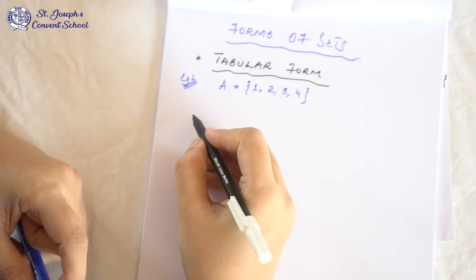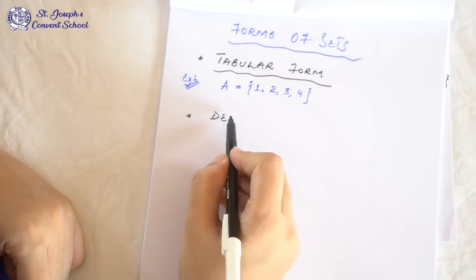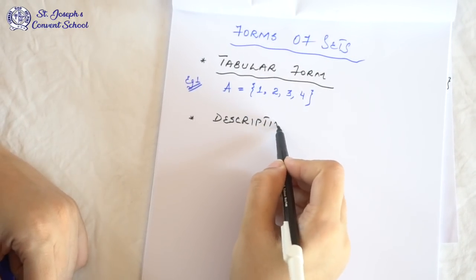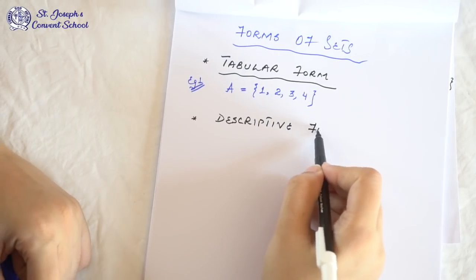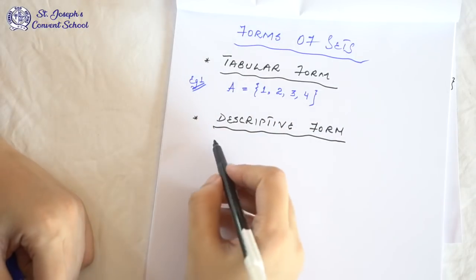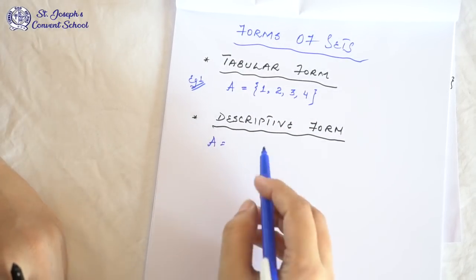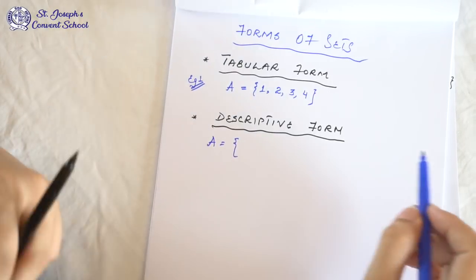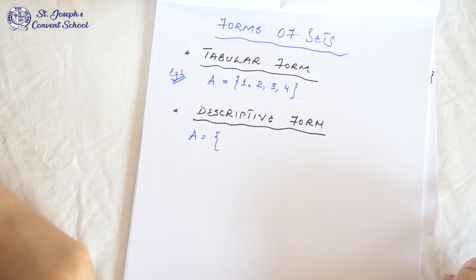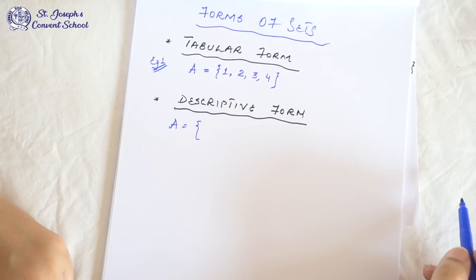Now the same set, when you describe it, is known as descriptive form. In descriptive form, you are going to describe the set. First you guess which set it belongs to. Numbers are starting from 1, 2, 3, 4 and so on, so the set belongs to natural numbers.